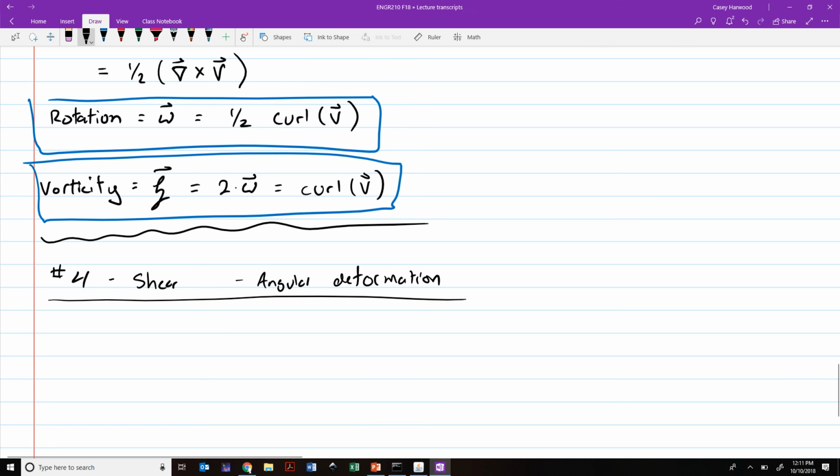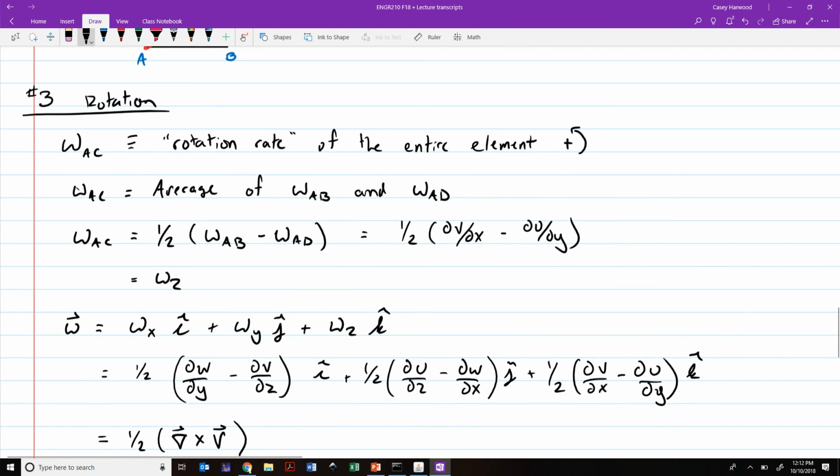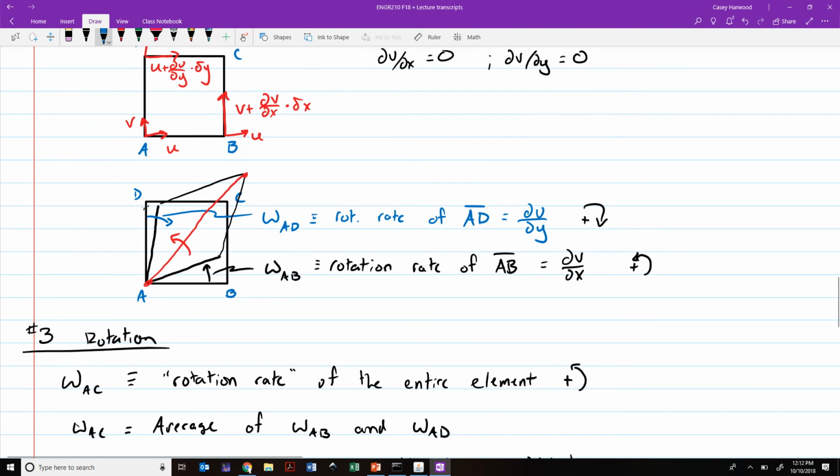So the way we write that is, if rotation is the average of the two rotational velocities in a right-hand positive sense, angular deformation is the difference between them. So we're going to write gamma dot, or d gamma dt, where gamma is defined as the angle between these two lines.